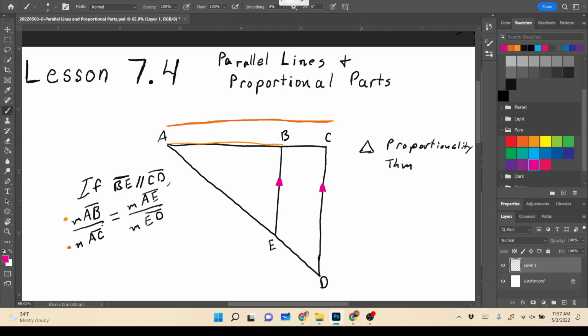AE. Did I label something wrong? AE, BC. Oh, I did. Why did I write AC? I had it right, and then you asked something about a Z. You were rewriting it, and I said, why did you write that? And then I said, whatever.